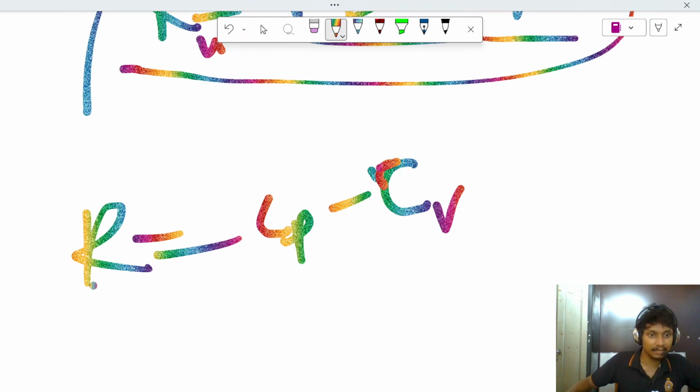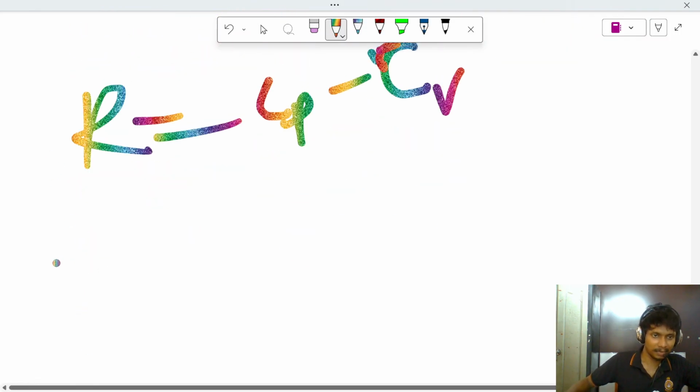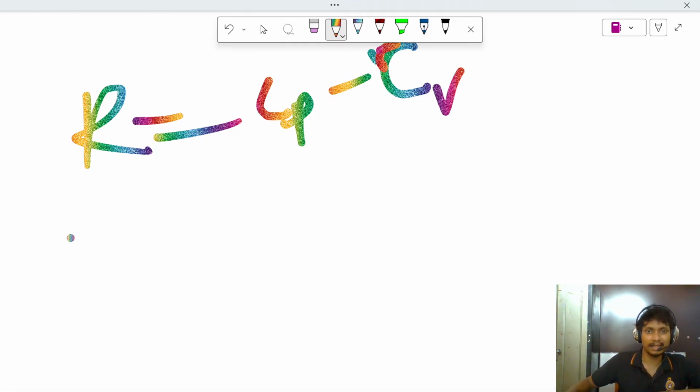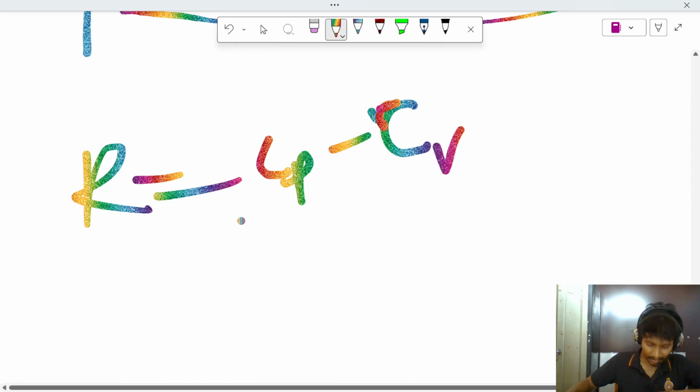This R is the specific characteristic gas constant we already found. We have to find Cv.